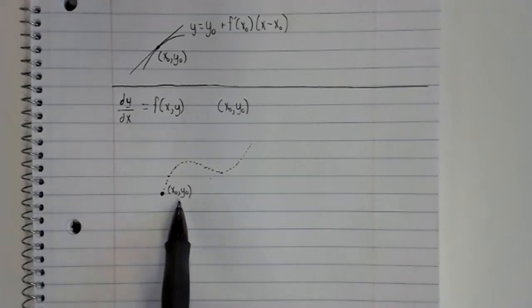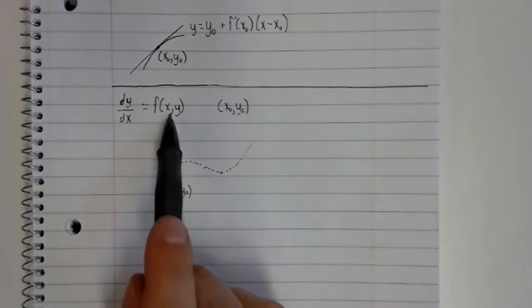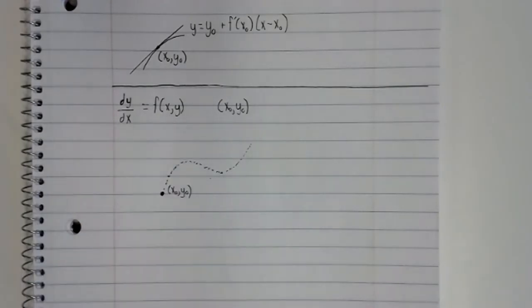We can plug this point into f to get the derivative, and that's enough to linearize around the initial condition.